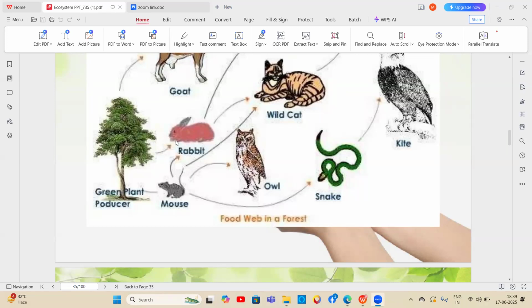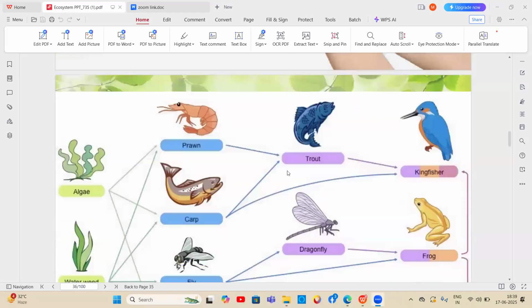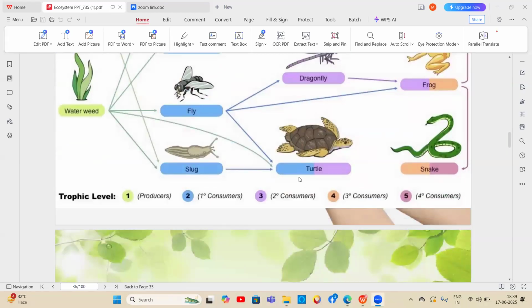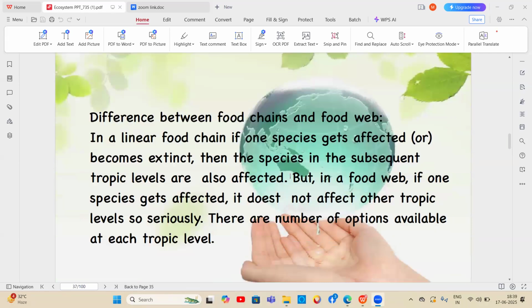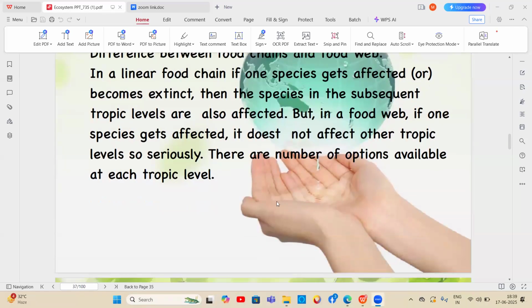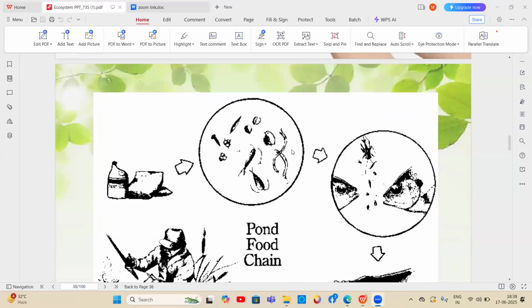It can also feed on the rabbit. So if only one food chain is there and the mouse is absent or goes extinct, the whole population may be affected. But in the food web, if one is absent, it can be interconnected with the other one. So there are a number of options available at each trophic level in the food web.